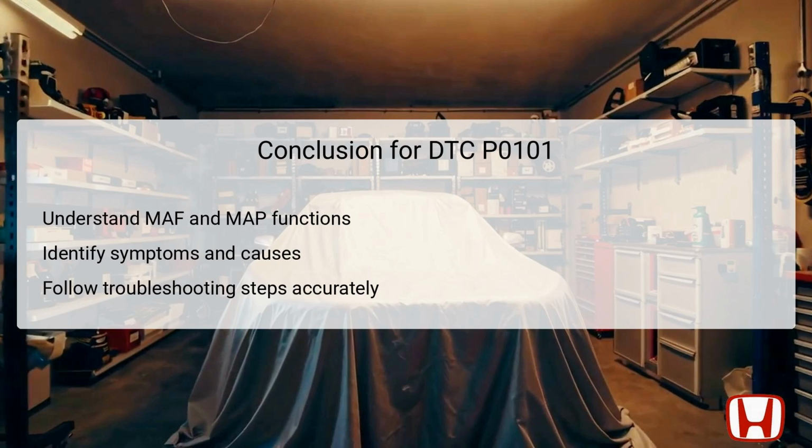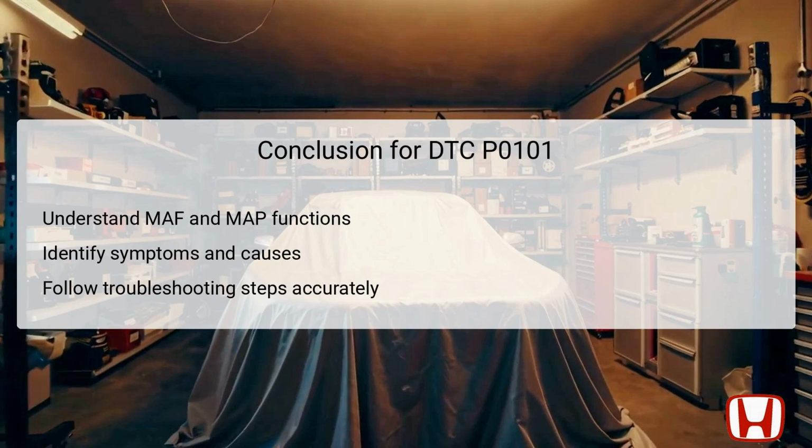In summary, understanding the role of the mass airflow and manifold absolute pressure sensors is vital in efficiently diagnosing and addressing DTC P0101. Recognizing the various symptoms associated with this diagnostic trouble code, such as poor engine performance and increased fuel consumption, can guide technicians in isolating the issue.